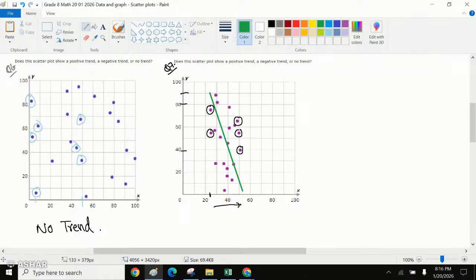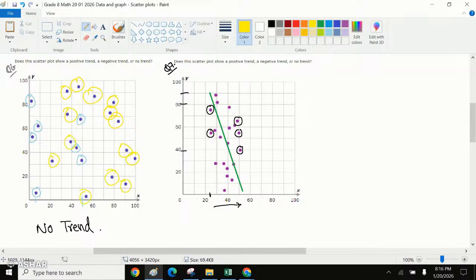Some might say that there is no trend. But when we are talking about no trend, the values have to be scattered all around the scatter diagram, right? They would be scattered throughout the scatter diagram.